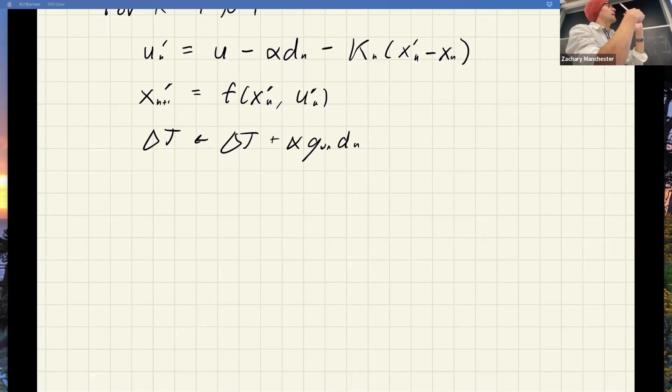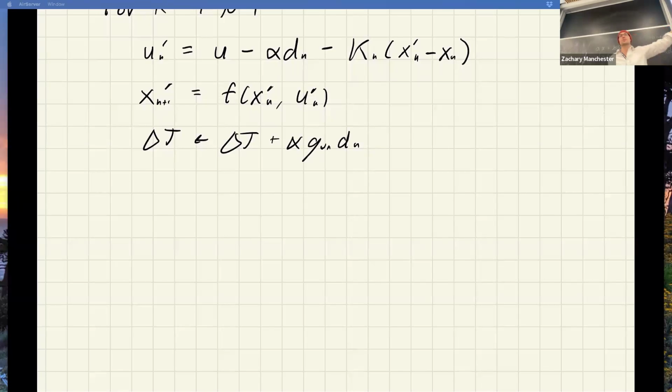And then you're taking that and multiplying it by the update, by that D. The reason we're doing this is so we can do Armijo. And remember, in Armijo, we try to calculate the expected decrease in the cost under the linearization. In this case, that's the gradient of the cost with respect to U, which is that GU, times the step that we're taking, which is the D, scaled by alpha.